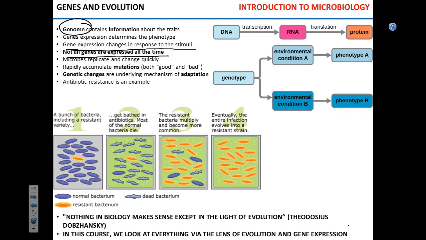E. coli starts to express proteins that can break down lactose and use it as an energy source. So, changing the environment, lactose instead of glucose, changes the gene expression in E. coli. Does that make sense to you?